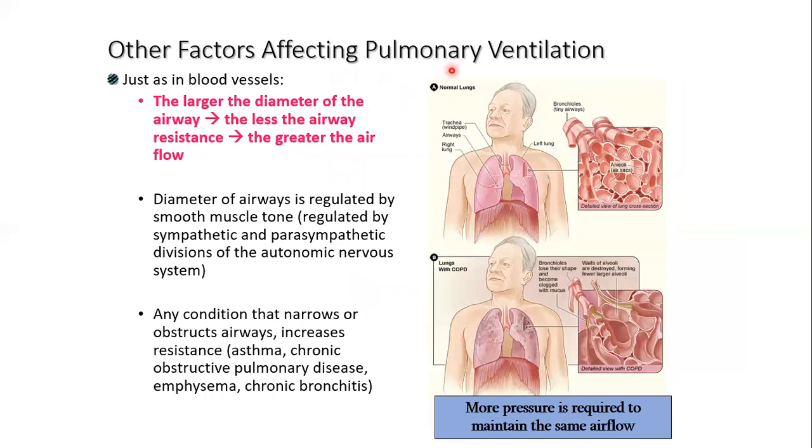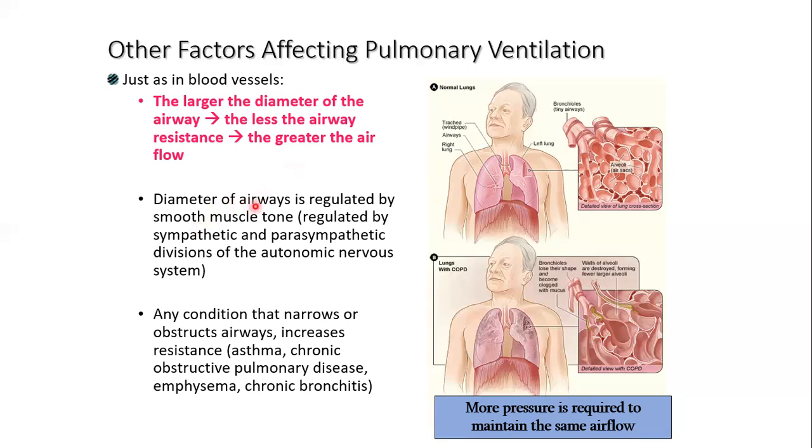One more factor affecting pulmonary ventilation is the diameter of the airways. The larger the diameter of the airway, the less the airway resistance, the greater the airflow. If we have a large airway, more air can pass through without difficulty, and airflow would be easy.